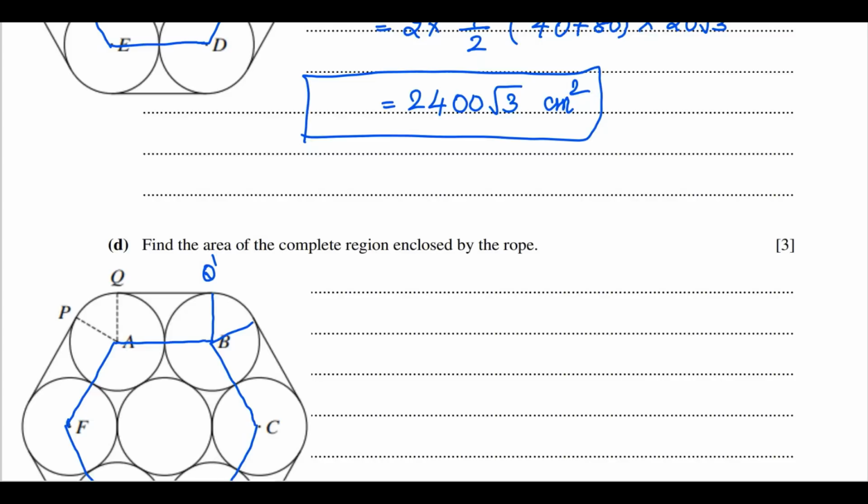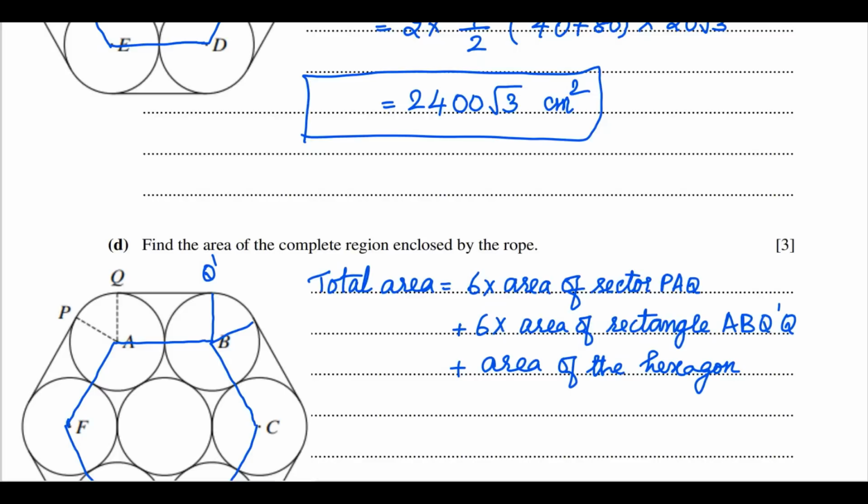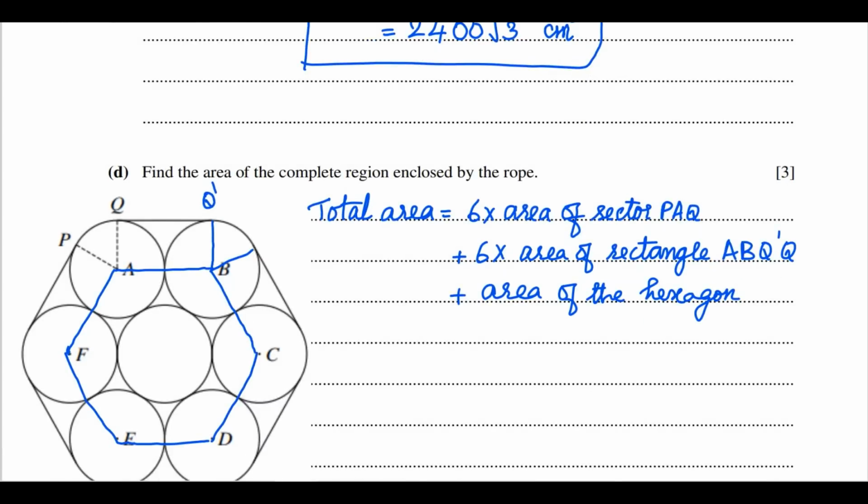So 6 times the area of the sector plus 6 times the area of the rectangle plus the hexagon area gives the complete region enclosed by the rope. So the total area is equal to 6 times the area of the sector PAQ plus 6 times the area of the rectangle ABQ'Q plus area of the hexagon.